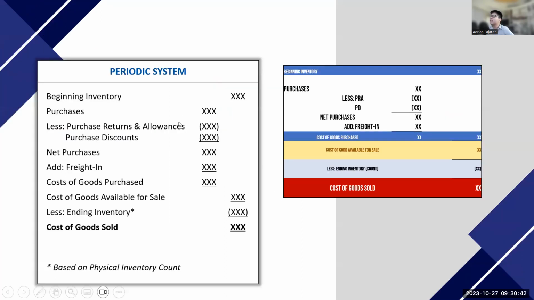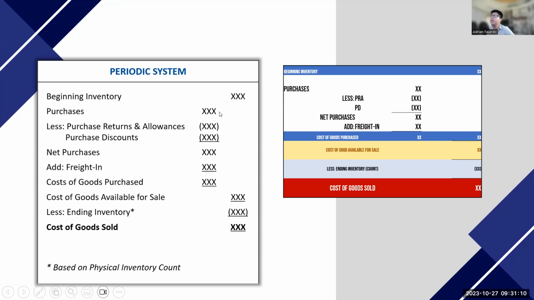So with that said, ito yung way to calculate for your cost of goods sold. So number one, I really want you to be an expert in terms of this equation. Beginning inventory plus purchase less yung purchase returns and allowance and purchase discounts, add your freight in, will give you your cost of goods purchased.